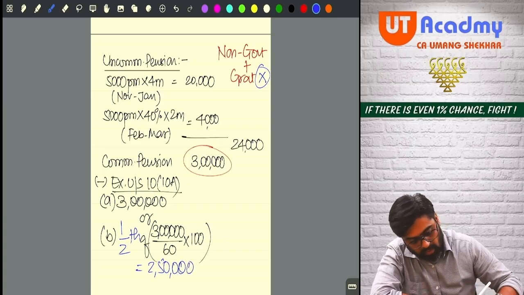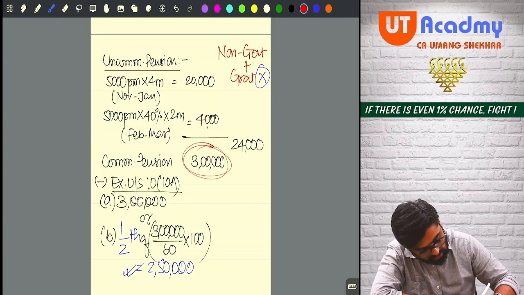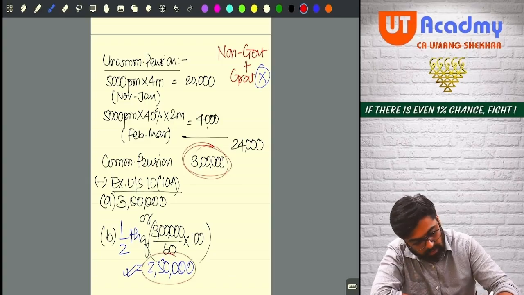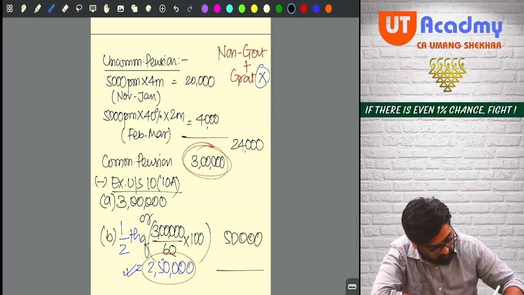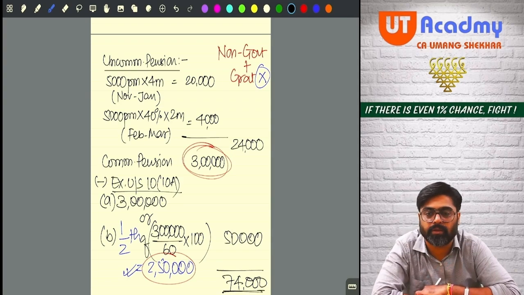So 3 lakh or 2,50,000, whichever is lower, 2,50,000. So can I say out of 3 lakh, 2,50,000 will be exempted. So how much will be taxable? 50,000 will be taxable. 50 plus 24 will give me 74,000. This is the total taxable pension. Did you check the answers? Same answer? Easy? Difficult? Made easy.